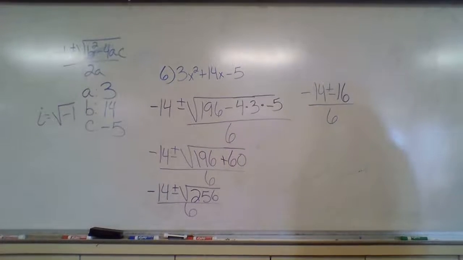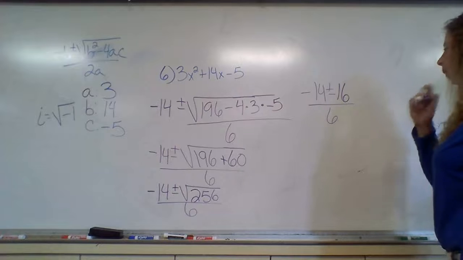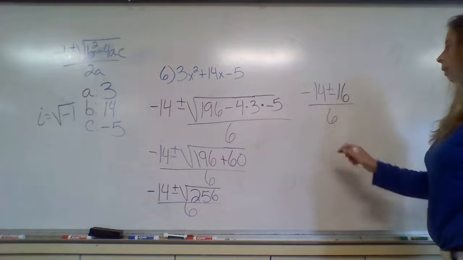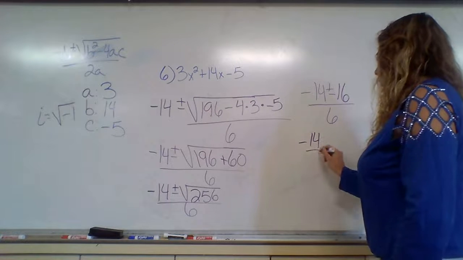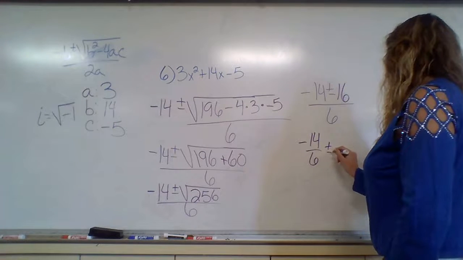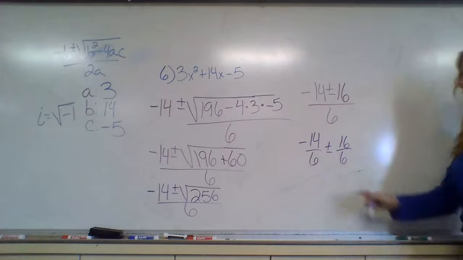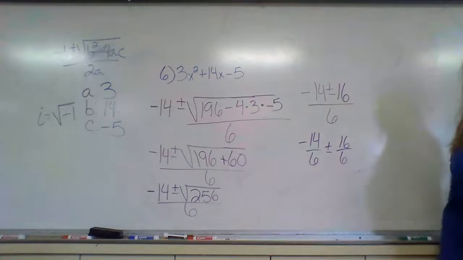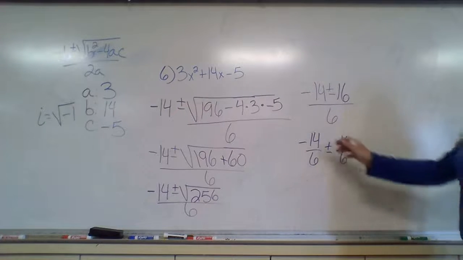All right, and then you just can reduce it. If it helps you, you can rewrite it as negative 14 over 6 plus or minus 16 over 6. If it helps you to write it out as two different fractions, please do so. Doesn't bother me in the slightest. Then you're going to reduce.